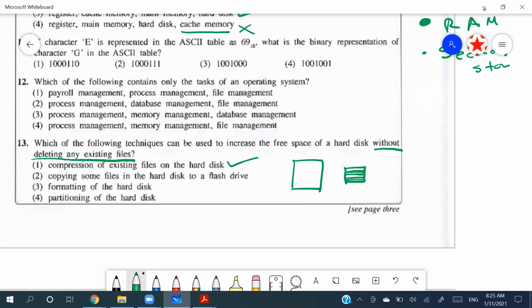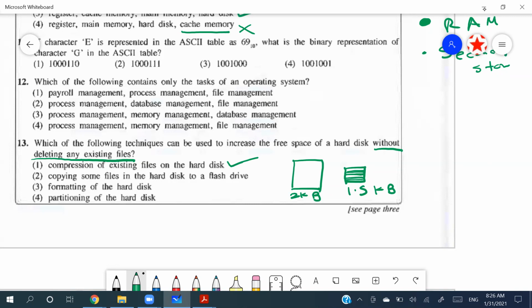But for the moment, compression will decrease the file size. So if this becomes 2 kilobytes, it will decrease to 1.5 kilobytes, something like that. It will reduce the size, so reducing the size of an existing file makes more space inside the hard disk.